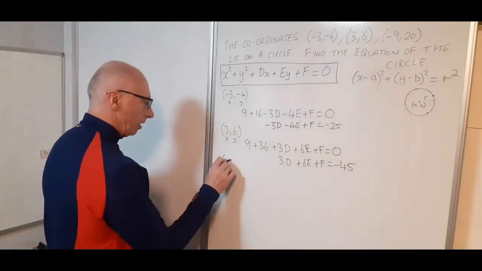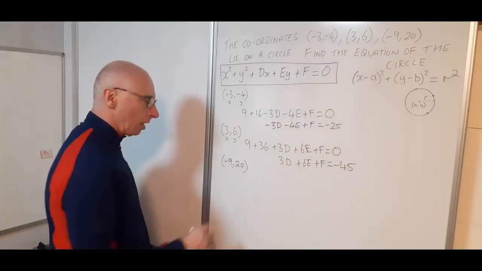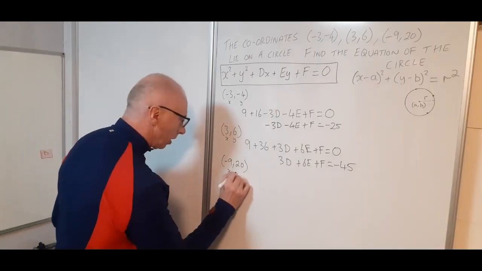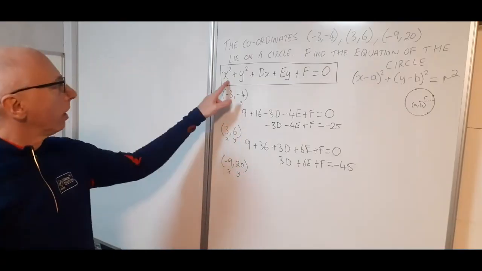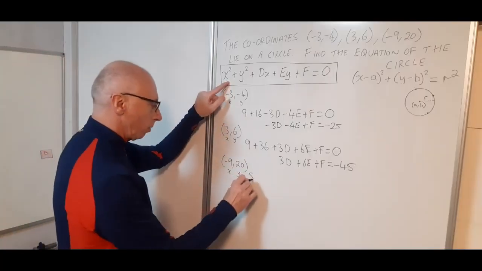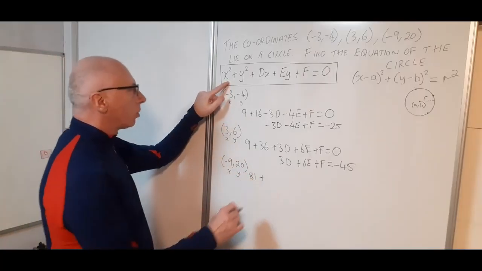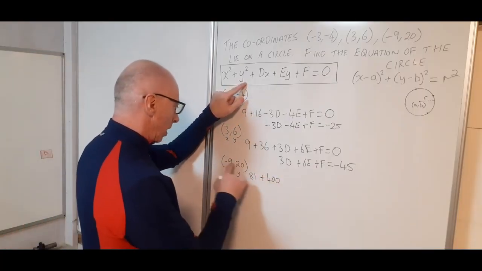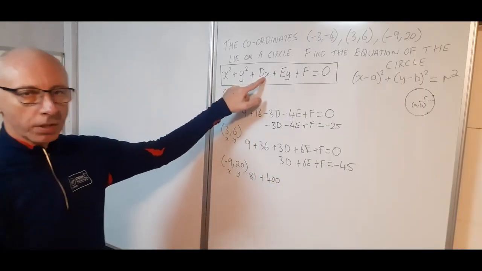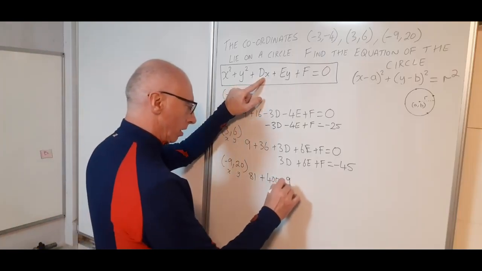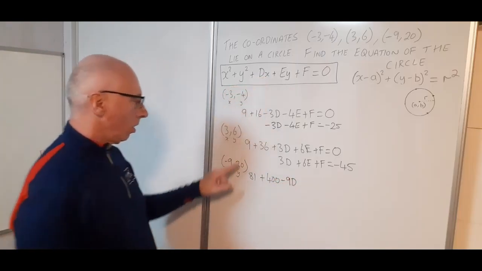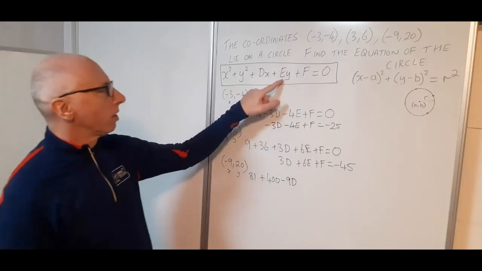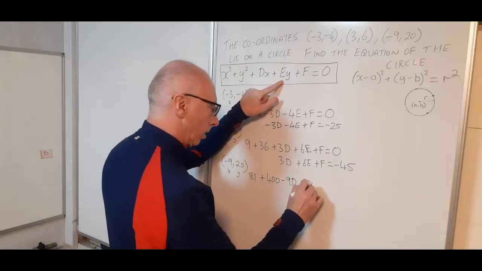This one, (-9, 20). Let's go for that. So again, that's my x and y. Simply sub them in. So (-9)² is 81. 20² is 400. x is -9, so I've got -9d. y is 20, so I've got 20e.